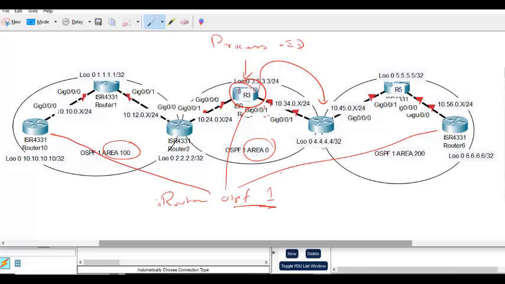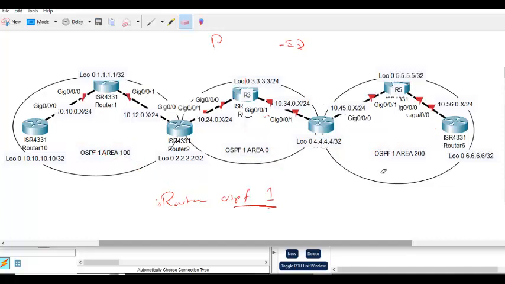Next, what we are going to see is area ID. Area ID should be given for every interface.